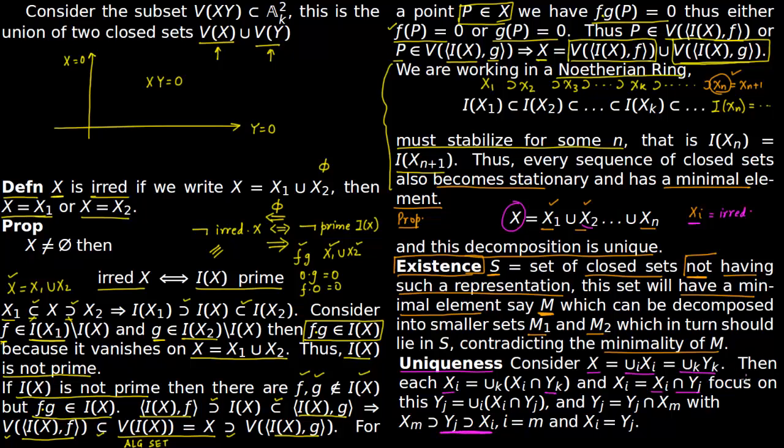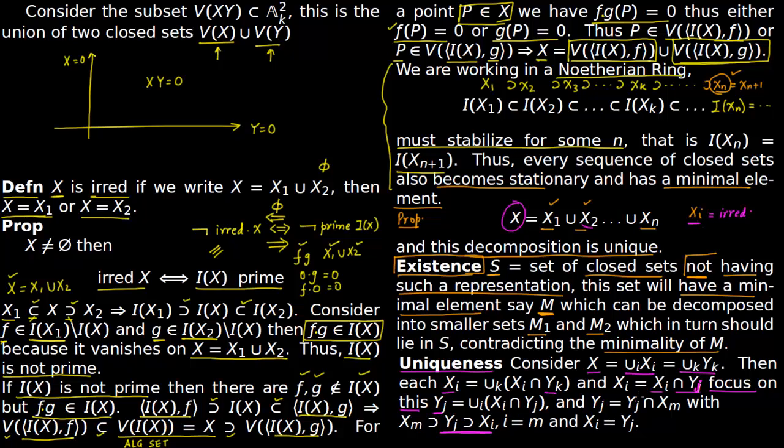Now you reverse it. You focus on this y of j. And this y of j, now you cover it with xi's. So union xi intersection y of j. Now again, y of j is irreducible, because once you make a cover, this cover has to be irreducible.